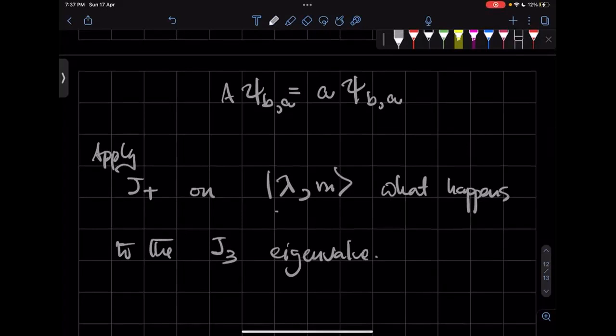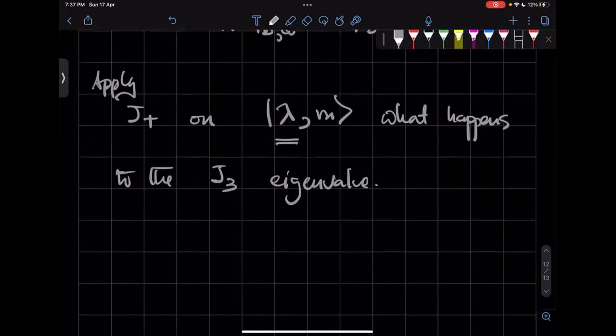But the λ eigenvalue will never change. It doesn't matter if you apply J plus, J minus, or J3 on it, it will not change, because J squared commutes with all the operators. So its eigenvalue is going to remain the same.